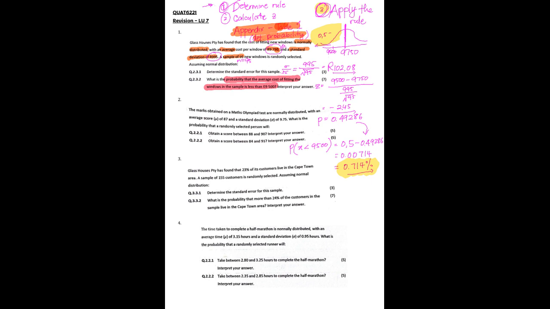Okay, so let's look at number 2 now. So exactly the same 3 steps, it's just a little bit different wording. So here in question 2, they said the marks obtained on a Maths Olympiad test are normally distributed. Again, the fact that they mentioned normally distributed means that in step 1, you're going to draw up your bell-shaped curve.